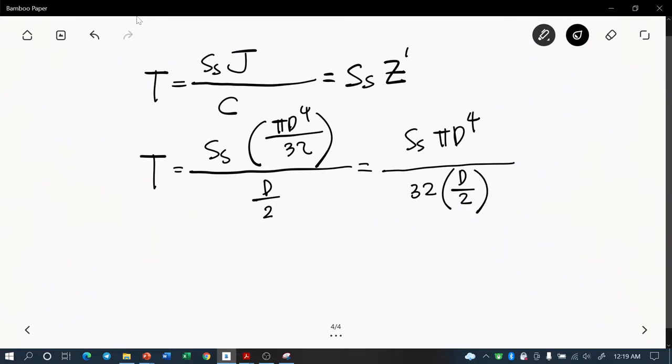We're going to cancel out one exponent for d here, so it's going to be 3. Now we have torque is equal to shearing stress times pi times d raised to the power of 3 over 16.